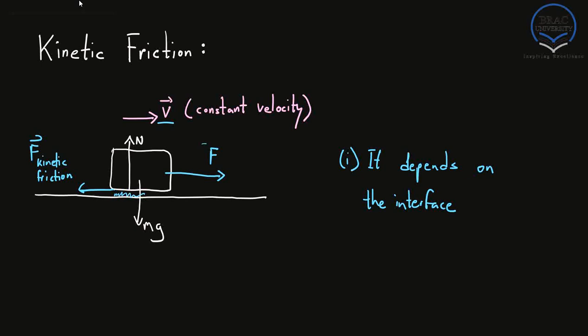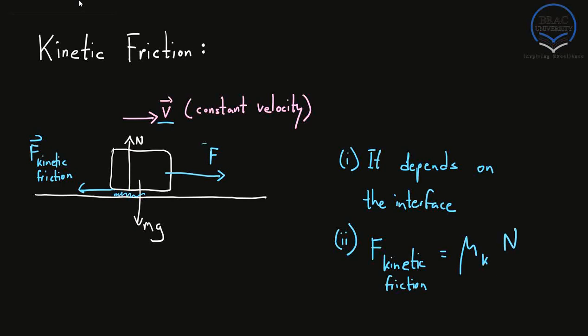And the second thing is that it can be, and this is an empirical or an experimental fact, that the kinetic friction is actually proportional to the normal reaction force, and that's given by this: the magnitude of kinetic friction is equal to mu k times n.